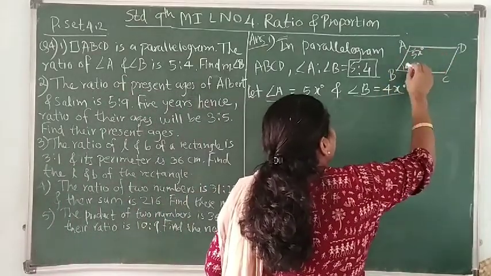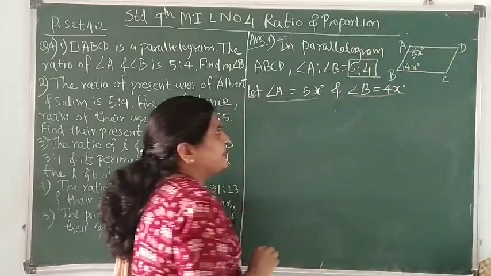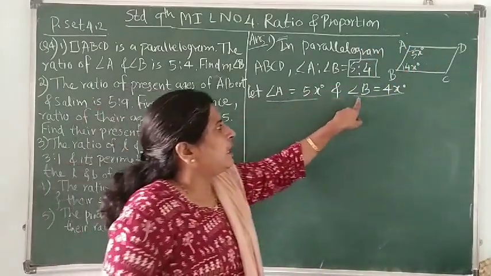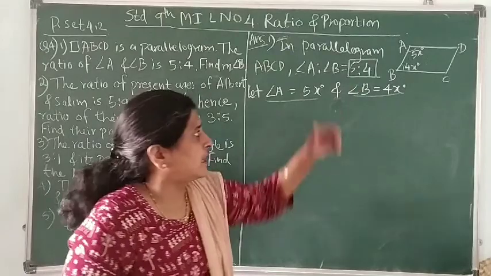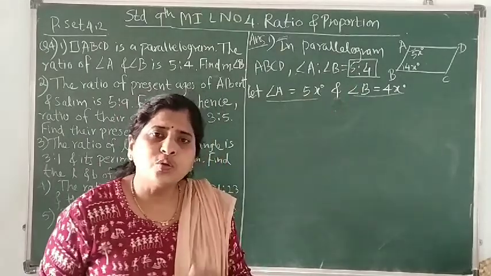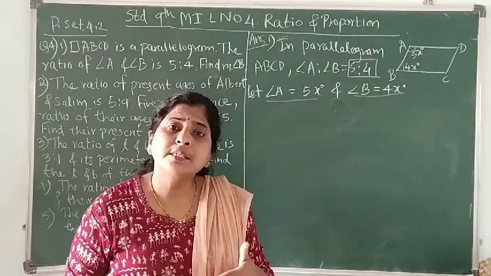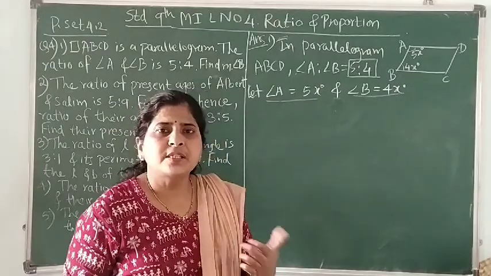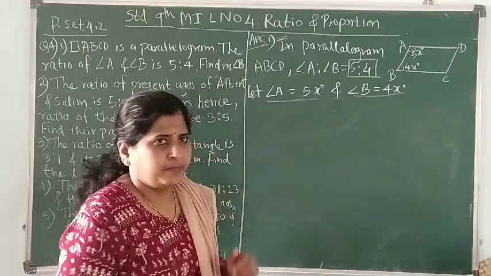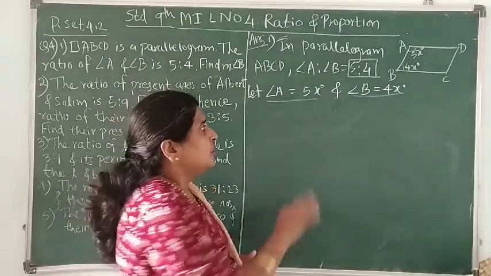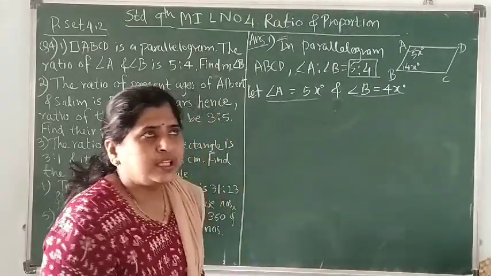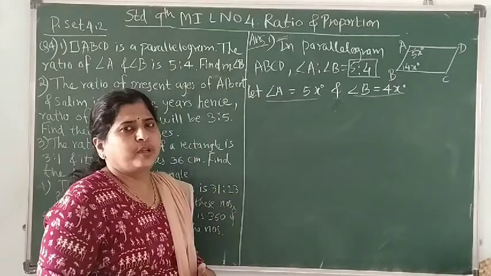So angle A is congruent to C and angle B is congruent to D. But as here A and B are not opposite angles, they are adjacent angles. So we know something more about it, that adjacent angles of the parallelogram are supplementary. Their sum is 180 degree. So we have to use this knowledge and frame the equation.